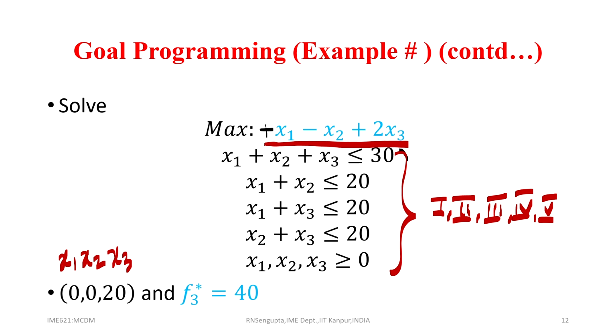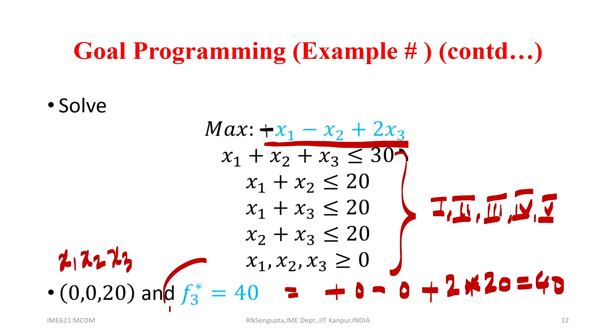The solution is plus 0 minus 0 plus 2 into 20 is equal to 40, as shown here by f 3 star is equal to 40. So, this coloring scheme now makes sense, so that we can differentiate.